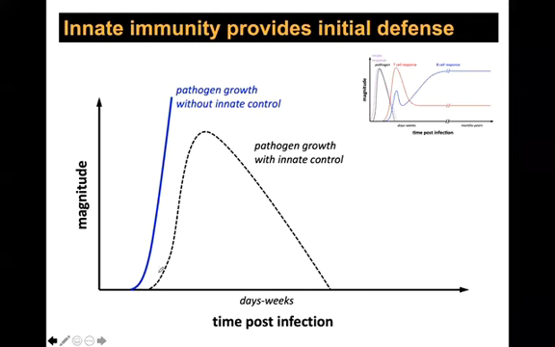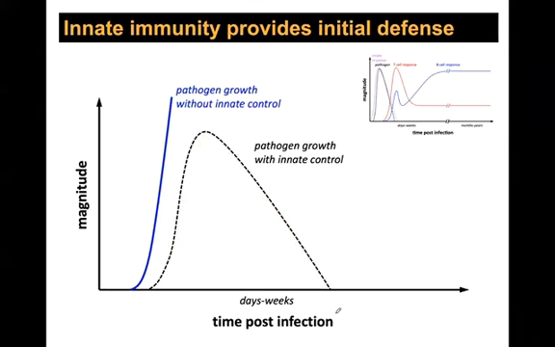So we know this from experiments where you can infect a mouse with a pathogen. If the mouse is intact and has a proper innate system, you can see that the innate system can oftentimes control an infection on its own. So pathogen growth gets curtailed with innate recognition.